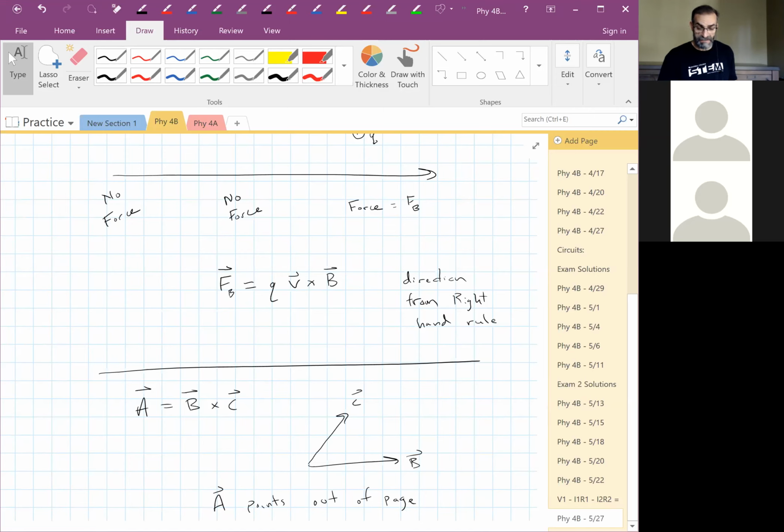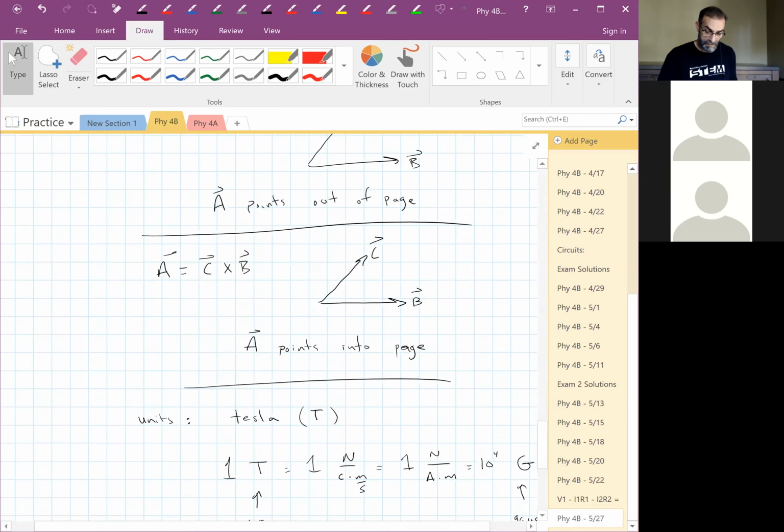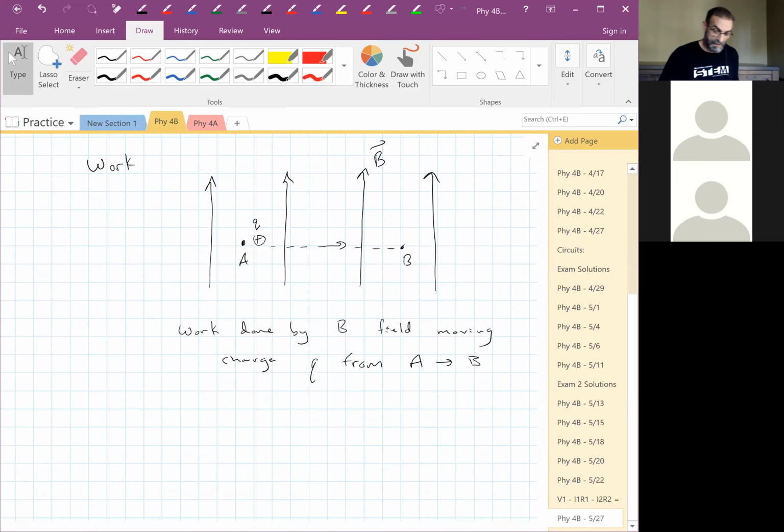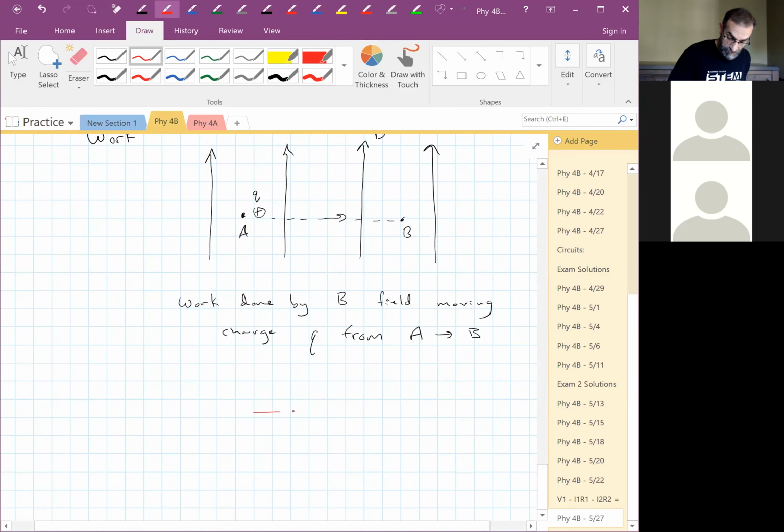What direction is V cross B? Right, V is this way.